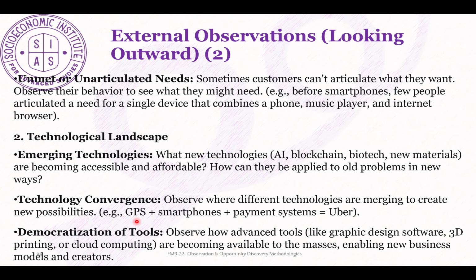For example, GPS, smartphones, and payment systems, and how they create the offer. Or sometimes democratization of tools. We observe how advanced tools like graphic design software, 3D printing, or cloud computing are becoming available to the masses, and how we can enable new business models to bring new creative solutions.